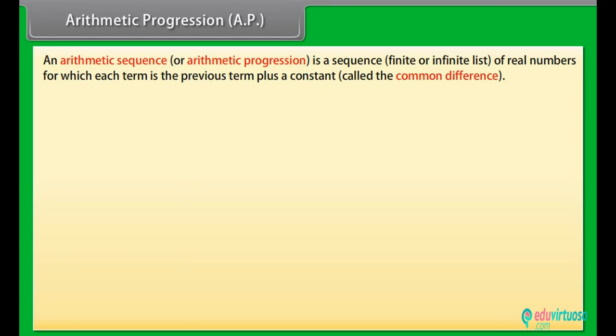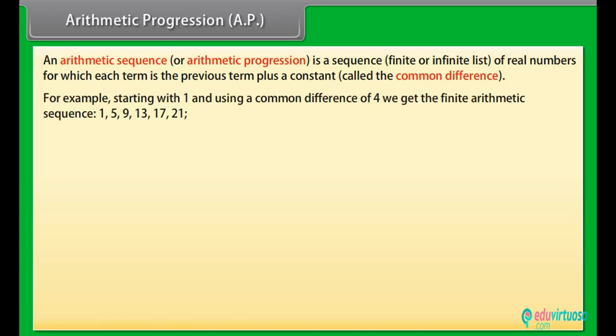Arithmetic progression, AP. An arithmetic sequence or arithmetic progression is a sequence, finite or infinite list of real numbers for which each term is the previous term plus a constant called the common difference.